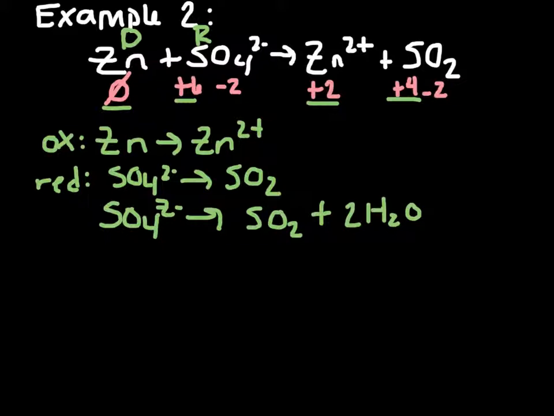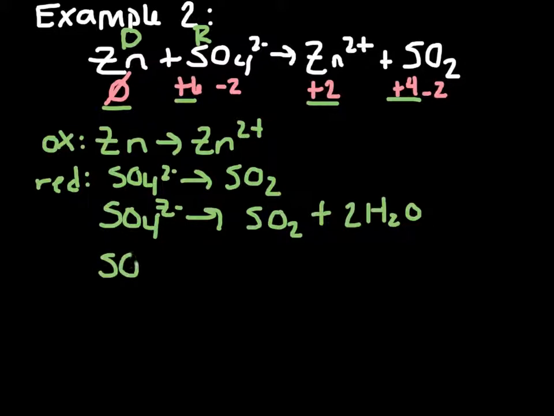The next step is to balance each half equation for hydrogen by adding H+ to the necessary side. Again, our oxidation reaction has no hydrogens. Therefore, the only one we need to balance is our reduction reaction, and we need to add the hydrogens to our reactant side because of the waters on the product side.